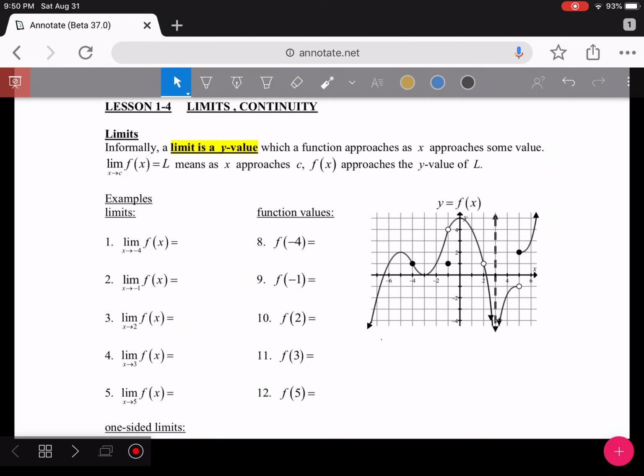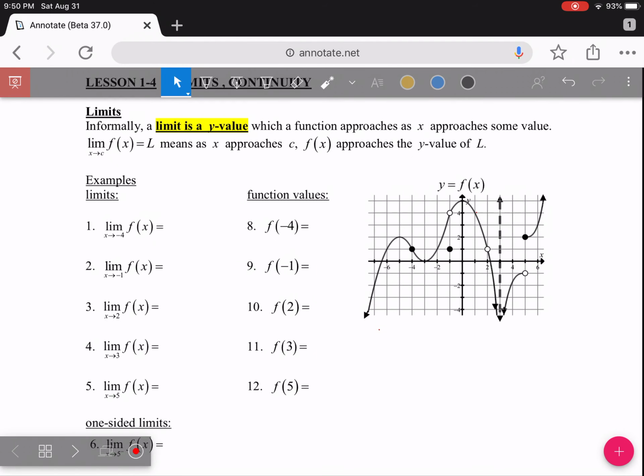Okay, so first let's figure out how to write limits. When you write a limit, you are going to write it just like you see it right here, and only like you see it right here. You're not going to write "limit x equals." You're not going to write just something like "x goes to c, y goes to 5."